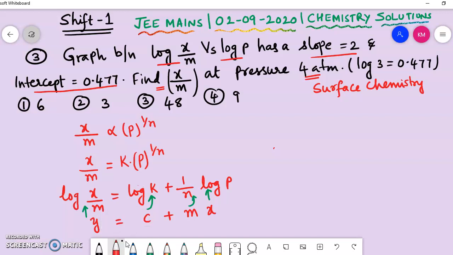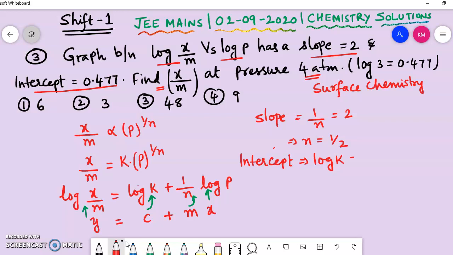But according to the data, if you observe, guys, slope is equal to 1 by n, but slope is given as 2, means n value will be equal to 1 by 2, guys. Hope you understand the point, guys. Now intercept, guys, intercept is equal to log k.